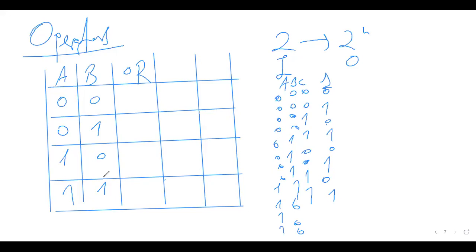Definition, truth table. Do we have a definition of a truth table here? I think we might need it.